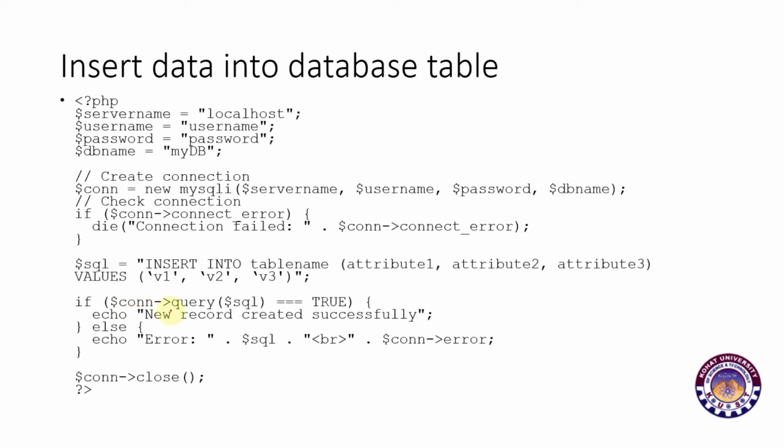The query function with the connection object is used in the case of an object-oriented connection, and if we have a procedural connection, then we will use the mysqli_query function. These functions are used to perform a query against a database.